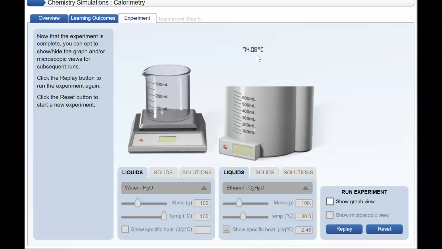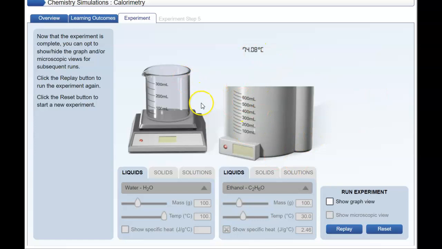What's the next step? Well, the next step is for us to use the concept, as I said, of the law of conservation of energy, which states that the energy that is lost will always be equal to the energy gained. Here, the energy of the water is the one that is lost because we transferred it to the calorimeter.